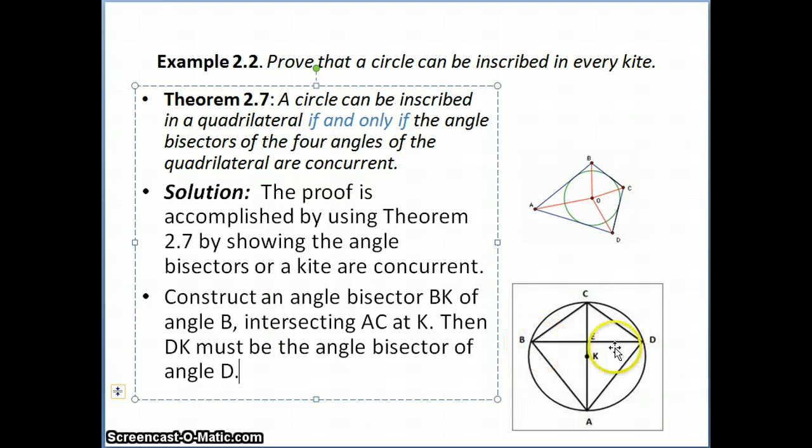So that's how we proved the 4 angle bisectors are concurrent at K. And by theorem 2.7, if 4 angle bisectors are concurrent, then we must be able to draw a circle inside. So this is the proof.